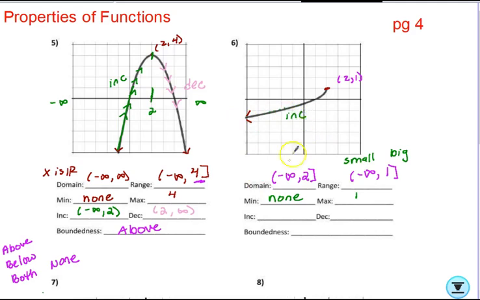It is going up on the entire domain. So from negative infinity to 2 with no decreasing. For number 6, the range is stopped on the top, so the boundedness is above.